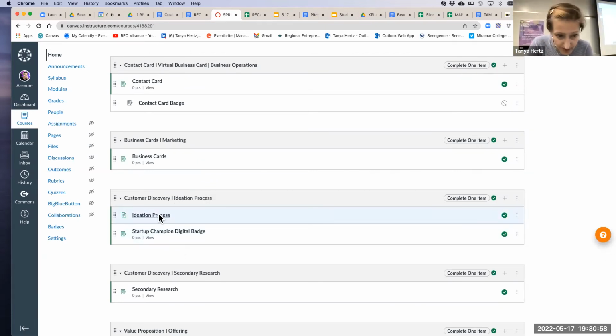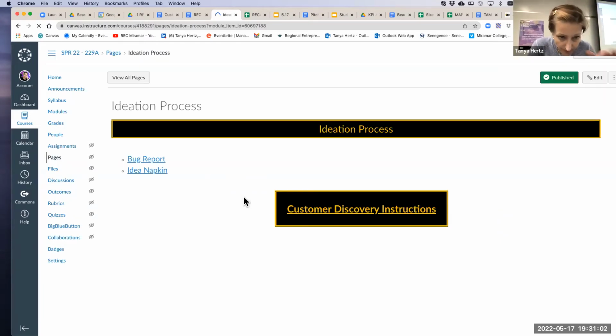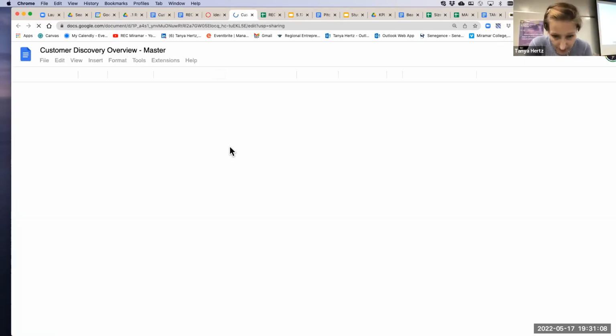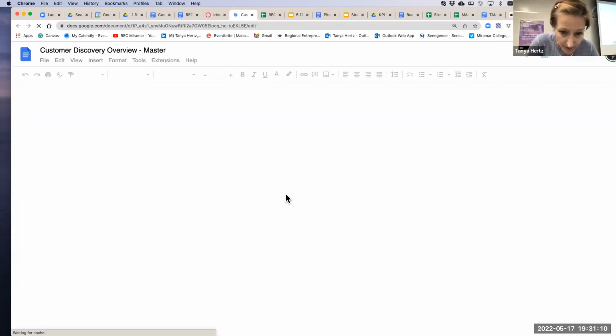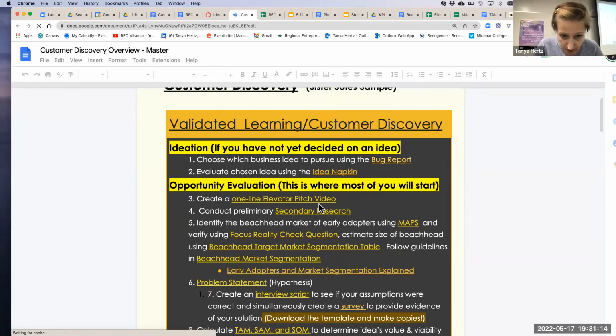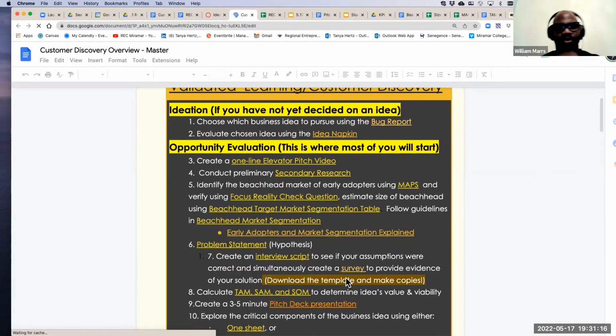There's a button on every single one of those with the instructions. If you click on customer discovery instructions, it's right there. Each one of these is linked with instructions on how to do it. Okay, thank you. Of course.